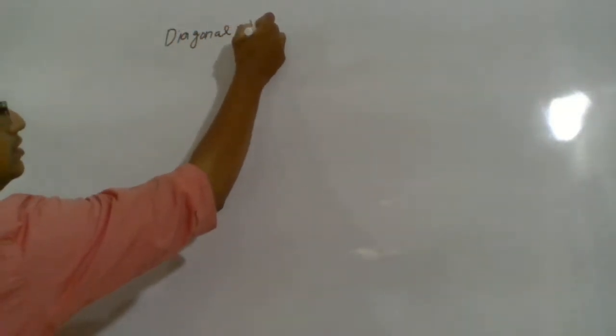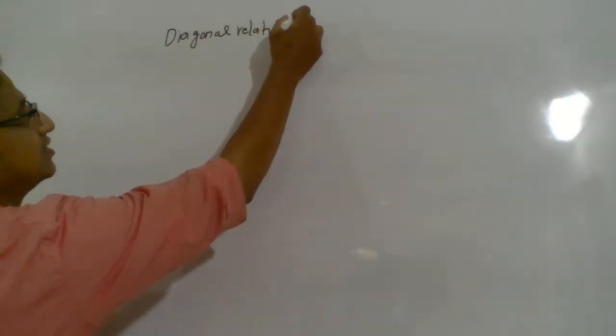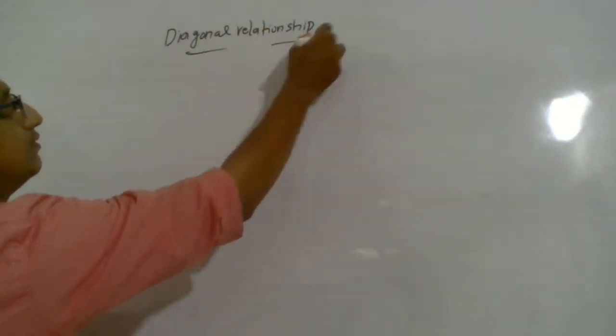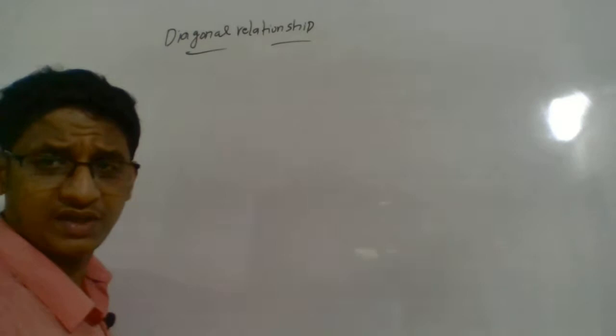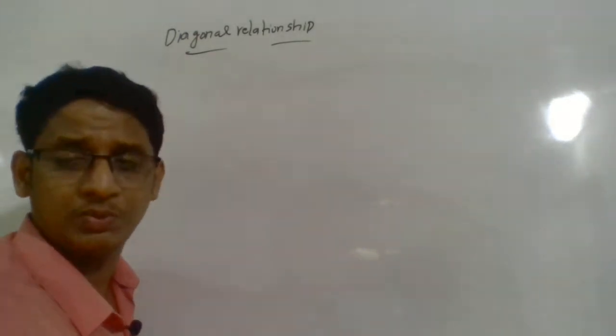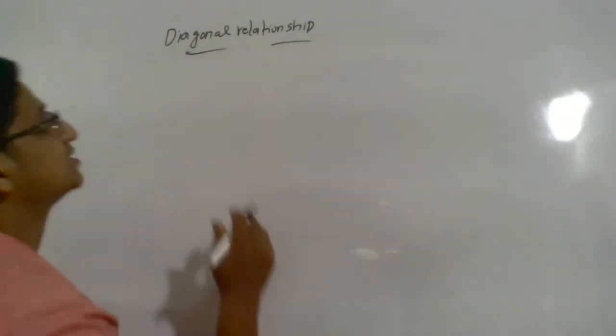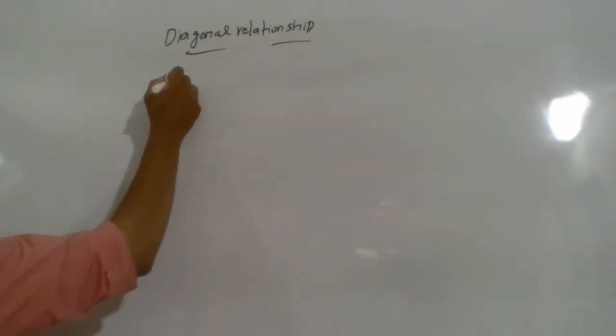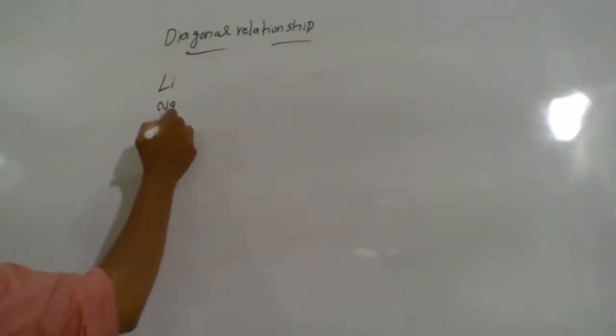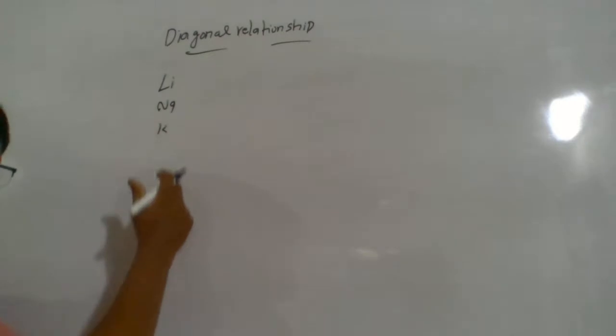Let us move to the next property, which we will call diagonal relationship. What does it mean? We know that if elements are arranged in a group, they have similar chemical properties. Talking about the first group: lithium, sodium, potassium, rubidium, cesium, francium.